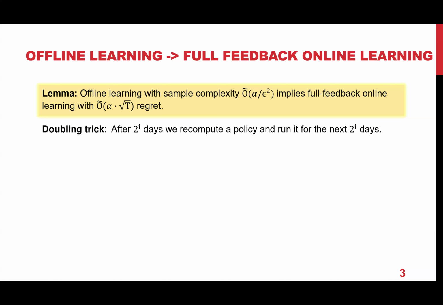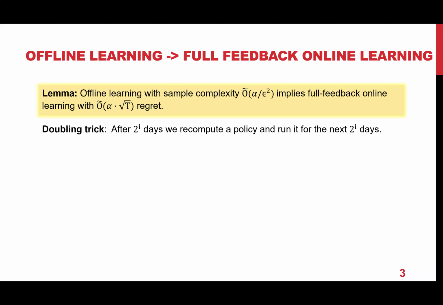The simple trick is the doubling trick, as it's often called. Basically, for the first 2 to the I days, you run some algorithm and receive the feedback. Now you have 2 to the I samples. Send the first 2 to the I samples to the offline learning algorithm. It returns you some algorithm. Run it for the next 2 to the I rounds.